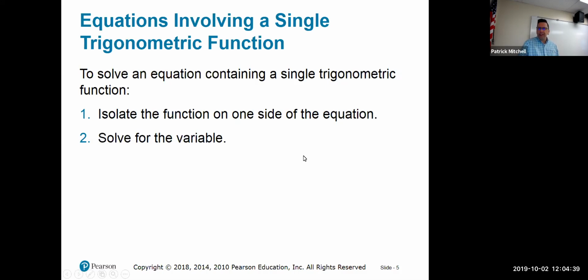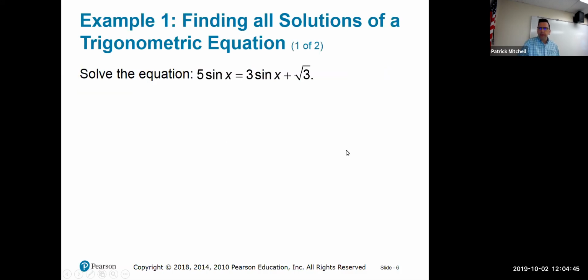Equations involving a single trigonometric function are pretty simple. Here is an example: 5 sine x equals 3 sine x plus the square root of 3, and it says solve that equation. There are two different things they can ask you to do with a trigonometric equation.